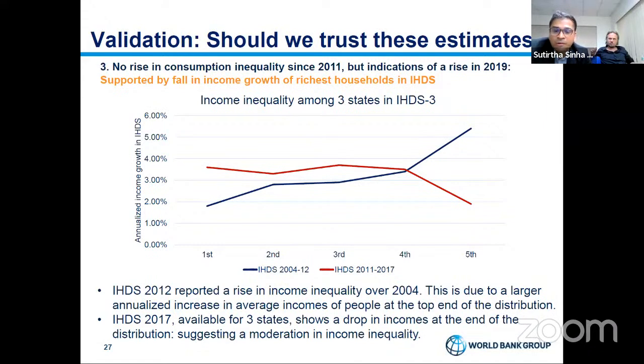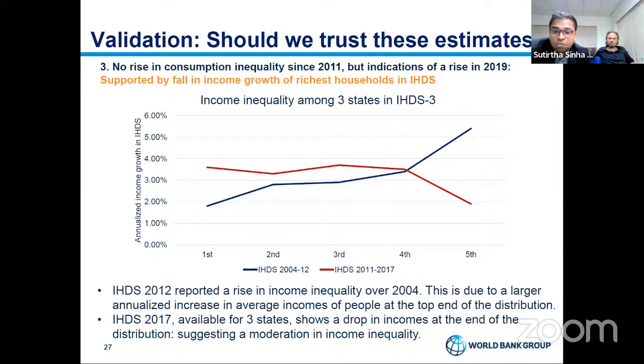Between 2004 and 2011, we know that in IHDS, households in the 5th decile were showing a significantly higher consumption growth relative to households in the 1st decile, which would suggest that there was an increase in inequality. And NSS 2004 and 2011, the same years as IHDS, also indicated that consumption inequality increased during that period.